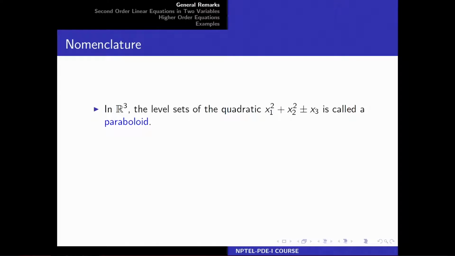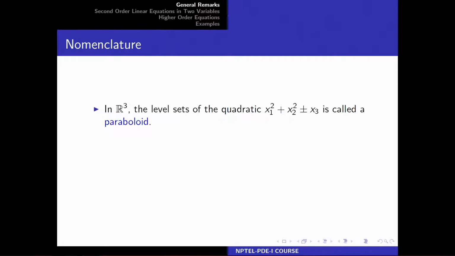Here you consider x 1 square plus x 2 square plus or minus x 3. In fact I should not call it a quadratic because I am adding x 3 there. It is not a quadratic, it is just a function.